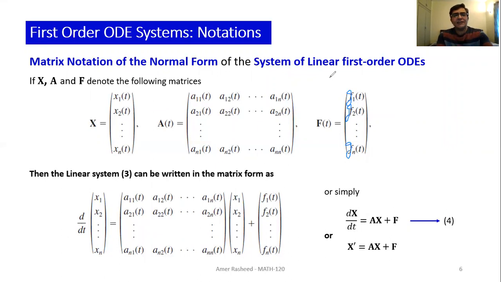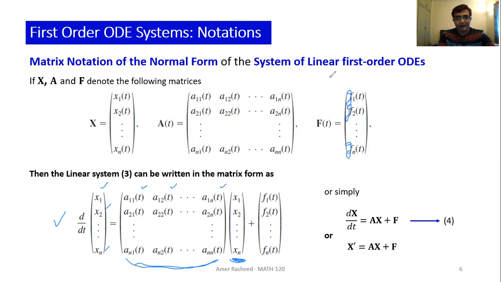So then the previous linear system can be written in this form: d by dt. We take it common outside, and we write x1, x2, so on, xn. On the right hand side, this is your matrix, and this is your coefficient vector again, because x1 is multiplied with this one, x2 is multiplied with this one.